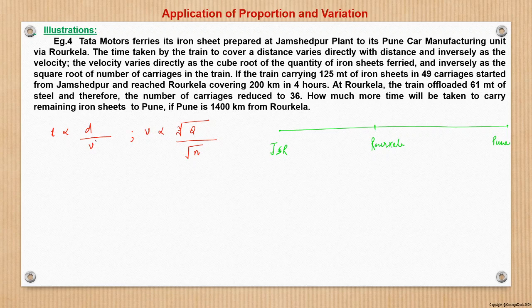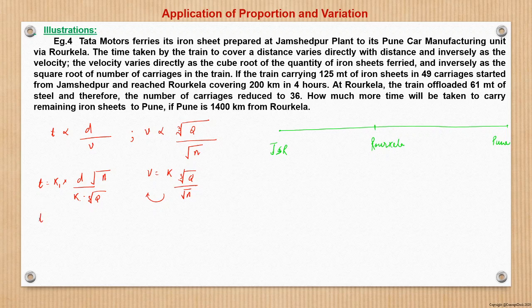So this is the cube root. Now one way would be we can take v is equal to k times cube root q upon square root n, and this v we will substitute here, so it becomes t is equal to k1 times d upon v, which is k times cube root q into square root n, right?